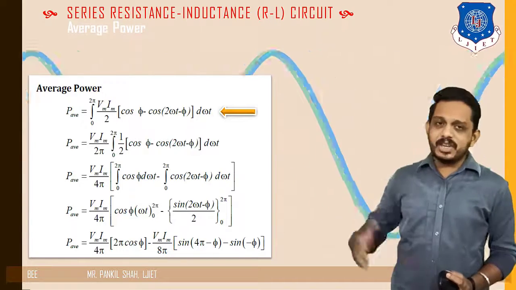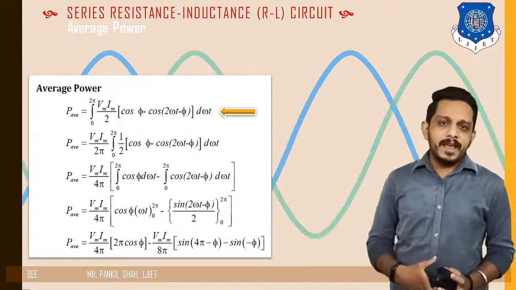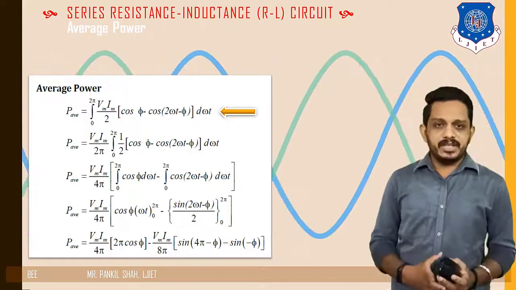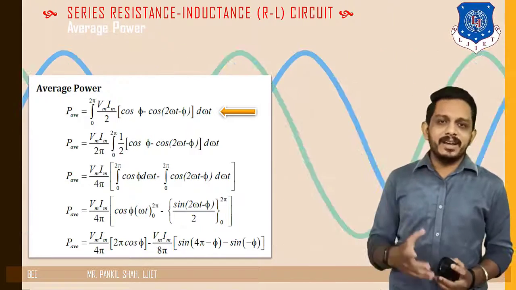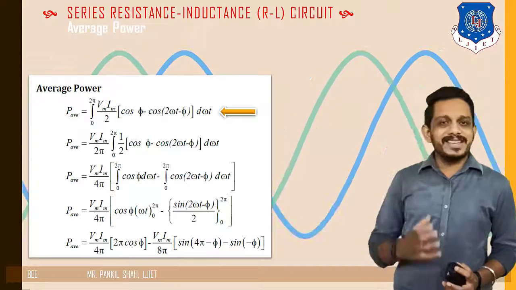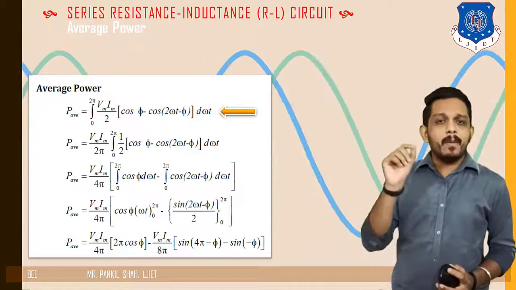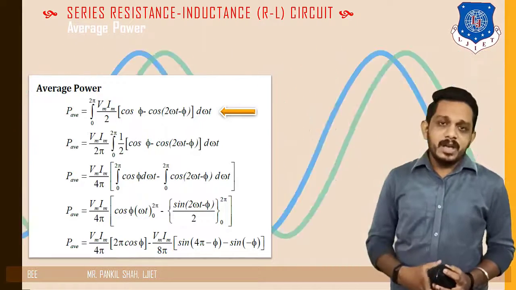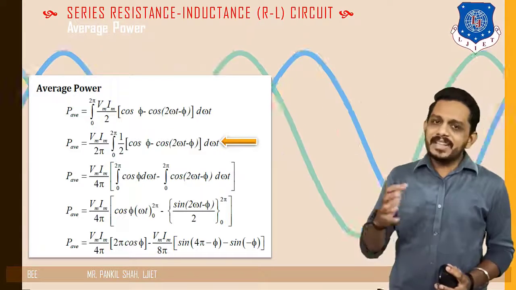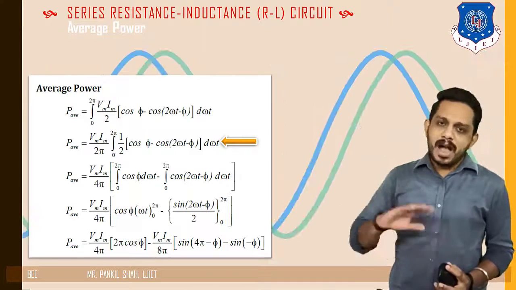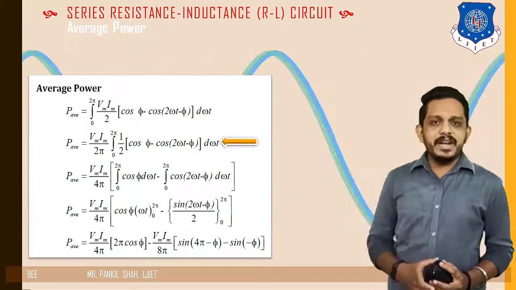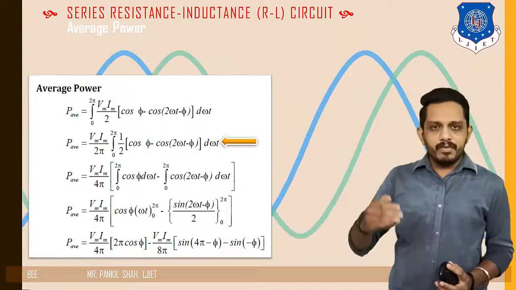There is a denominator of 2 pi because we are finding the average, so we must put 2 pi in the denominator. Now Vm Im by 2 upon 2 pi is the constant term, so let's take it outside this integration. In the integration it will be 0 to 2 pi of 1 by 2.